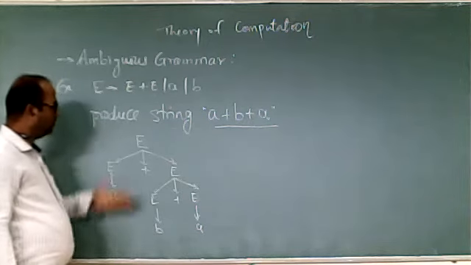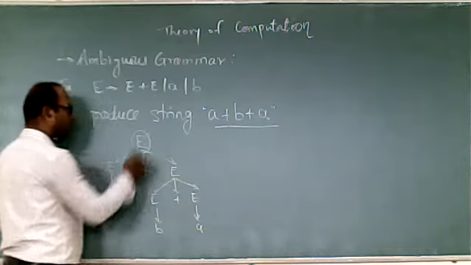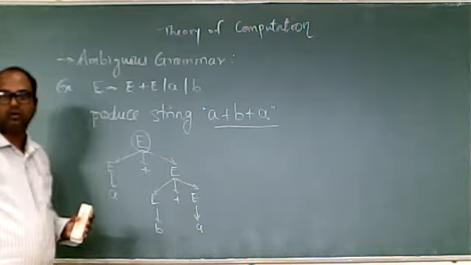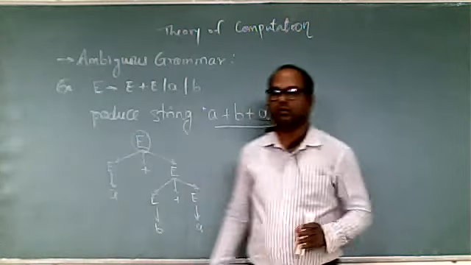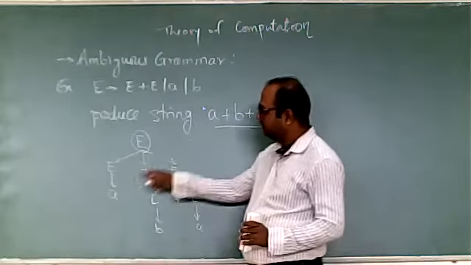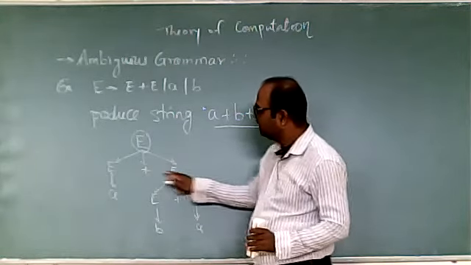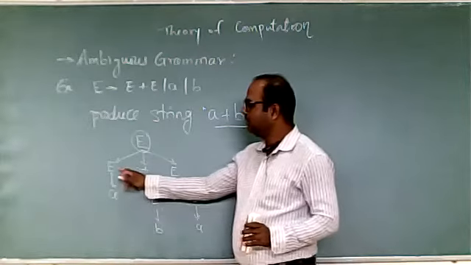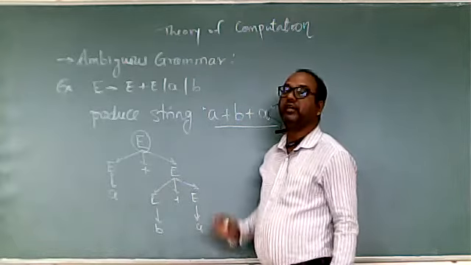If we observe the parse tree, the root node is always the starting symbol. Next, the intermediate nodes are always the variables. Remember, these intermediate nodes are always the variables.